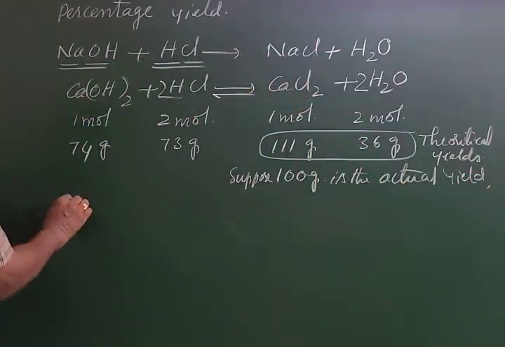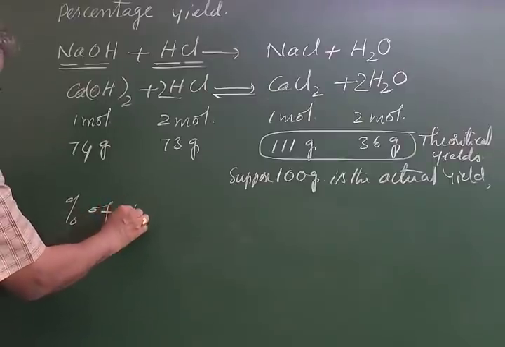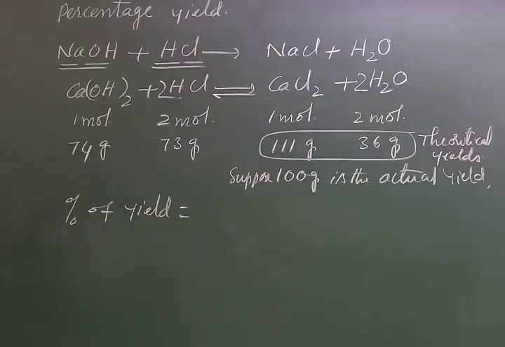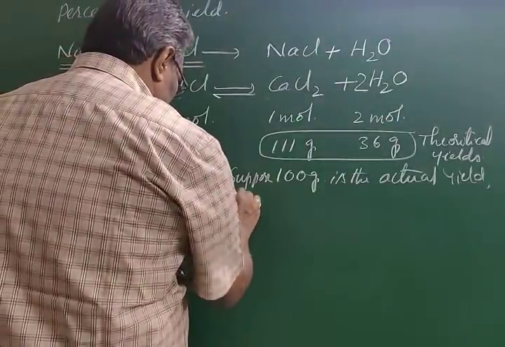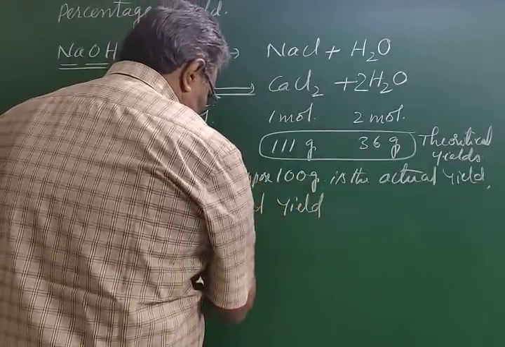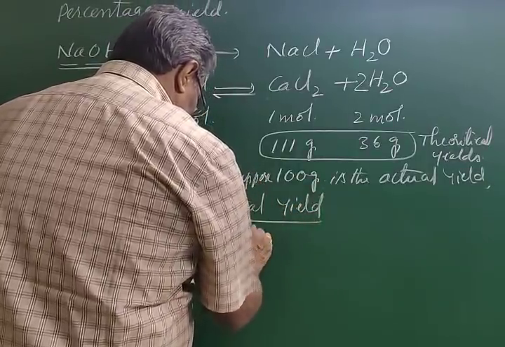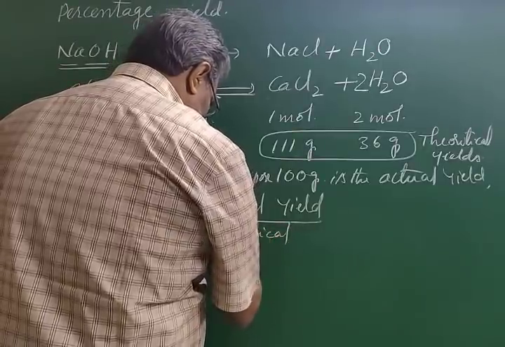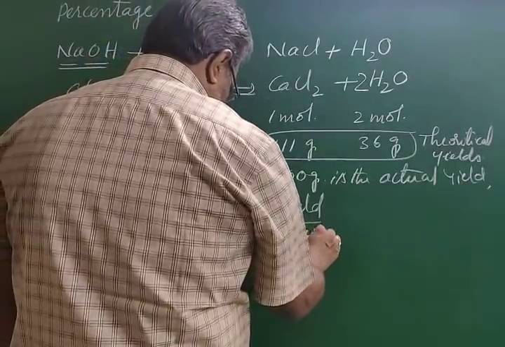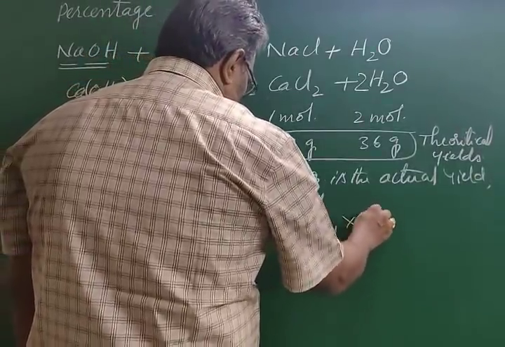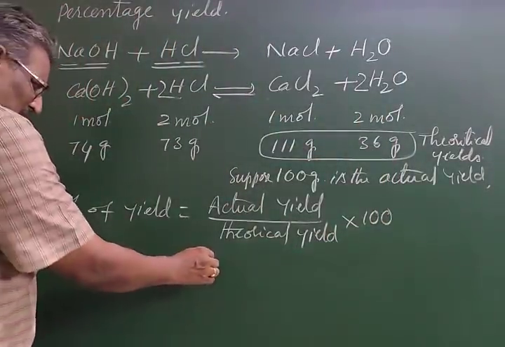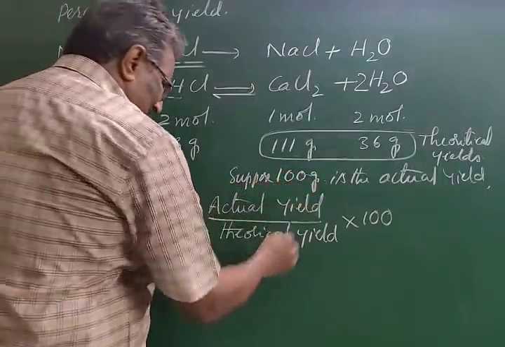Then the percentage of yield can be calculated like this. Percentage of yield is equal to actual yield by theoretical yield, that is the yield to be formed according to the stoichiometric equation, into 100. What is the actual yield in this process?